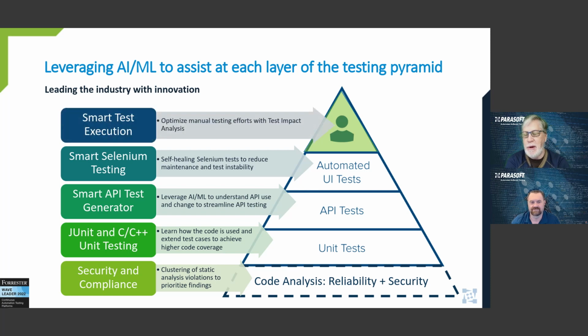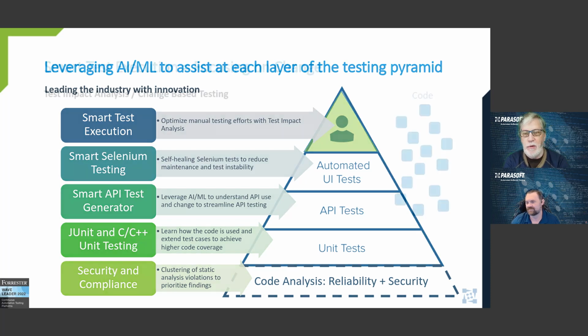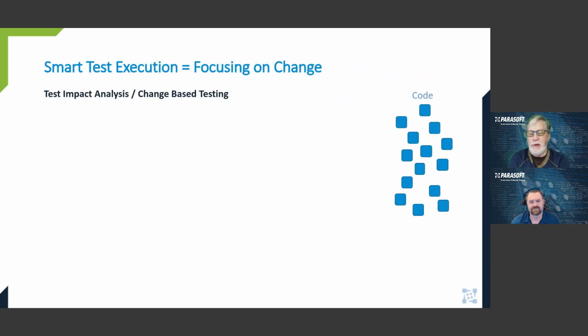Another interesting area is something that we call smart test execution. And it's really about optimization of testing. And we can even do that for manual testing. So we can look at using test impact analysis to understand, when I make a change, do I need to test everything? Are there particular things I can test?